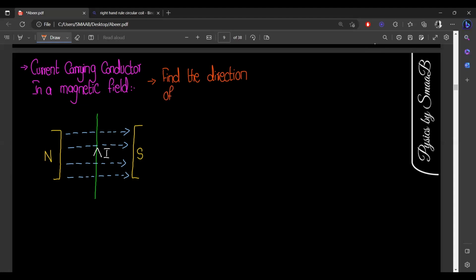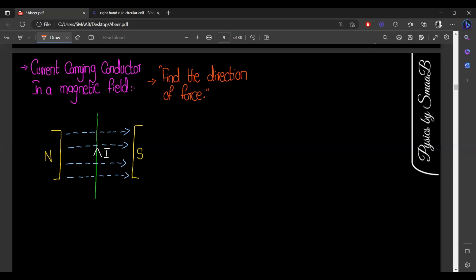To find the direction of force. Because we already know all the concepts, we are just going to revise all the quantities, that how to find the quantity. So in this particular case, when a current carrying conductor is placed in a magnetic field, it will get a force, or a force is going to be applied on the conductor in some specific direction, right?